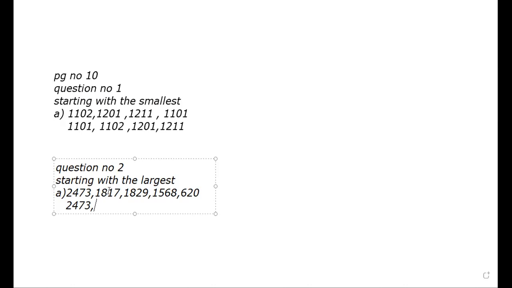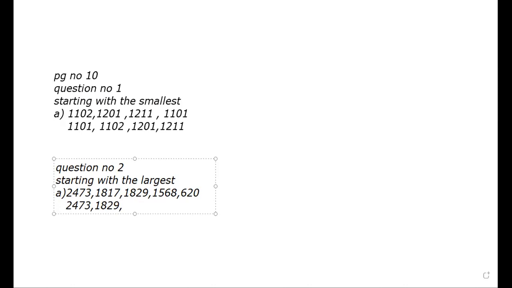So we are going to the tens value. How many tens do I have here? Only one. I have only one ten, and here I have two tens. So which one is bigger, 1 or 2? 2 is bigger. So first I'm going to write 1829.